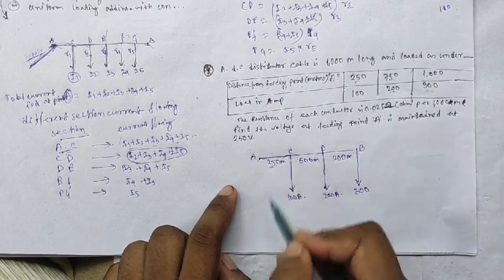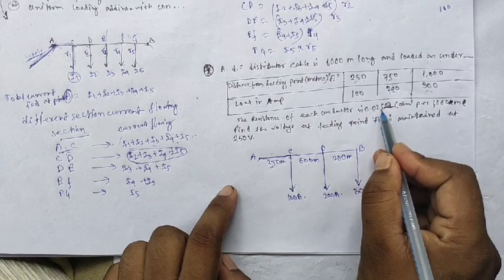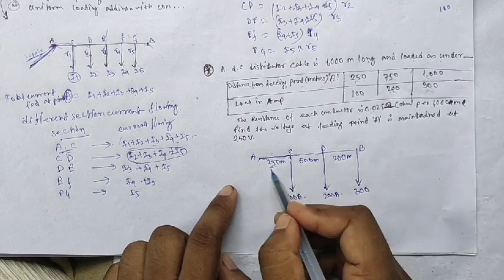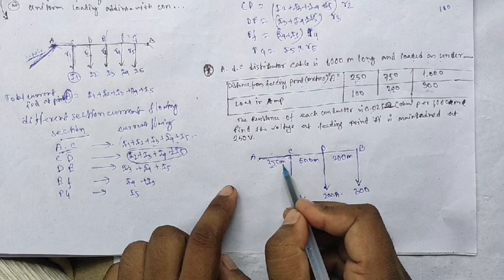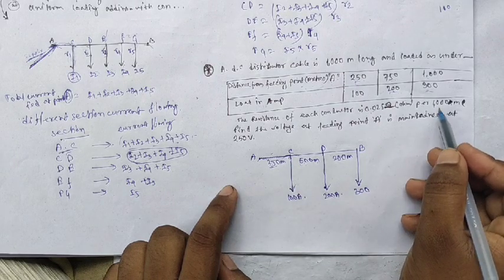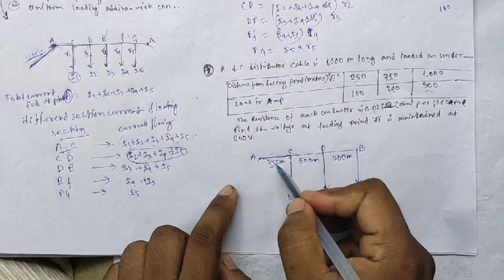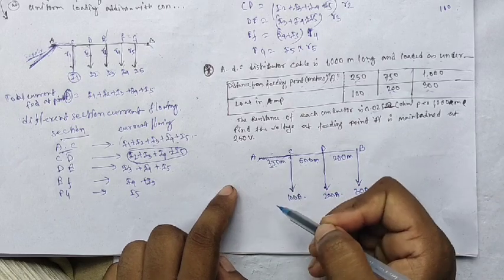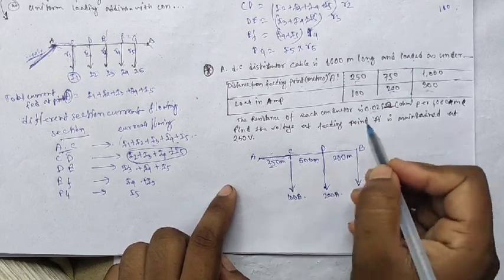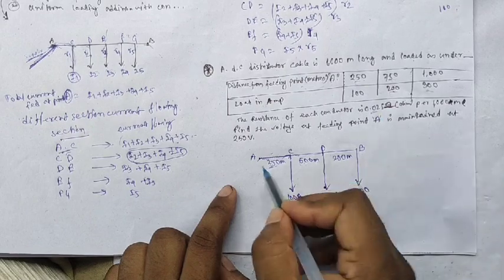How do we calculate the resistance of AC? 0.025 in 1000 meter, so for 250 meter, that means divided by 4. Okay, divided by 4, so we get the actual value of the resistance for the 250 meter distance.